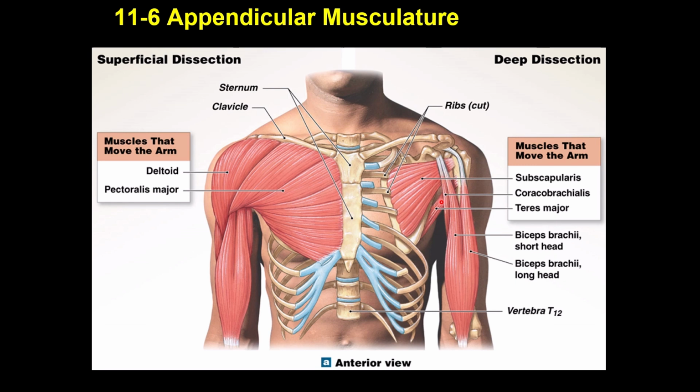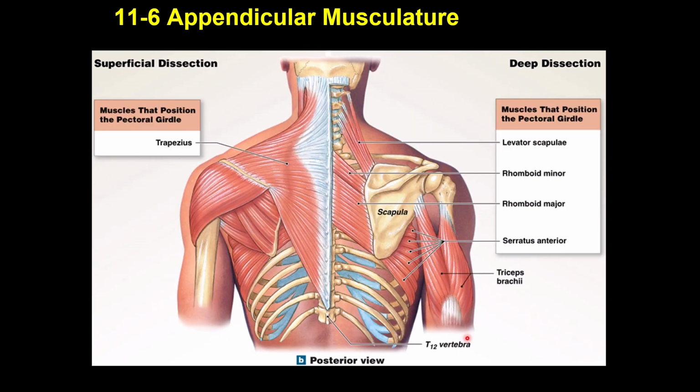You have the coracobrachialis muscle. This muscle causes adduction and flexion of the shoulder joint, and this is the biceps muscle that can cause flexion of the shoulder, but also flexion of the elbow. Some of these muscles also have some other functions, but I'm just giving you the big ones.